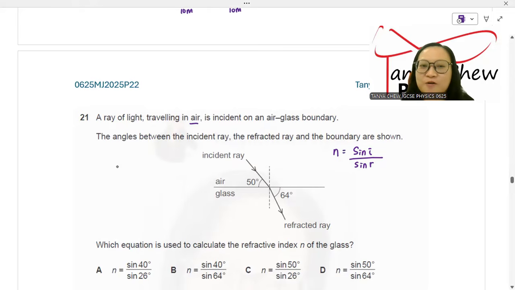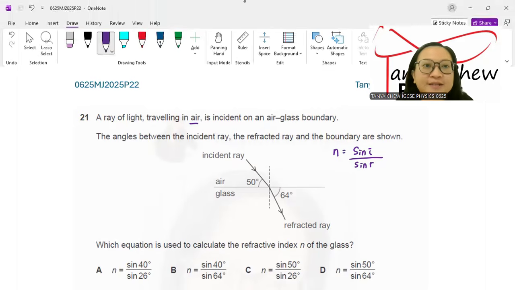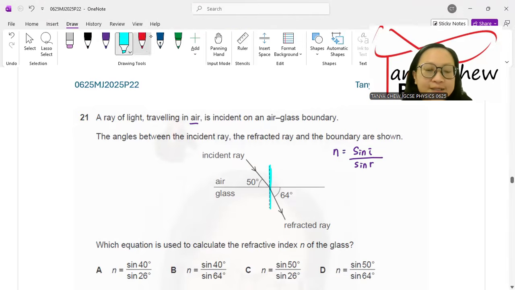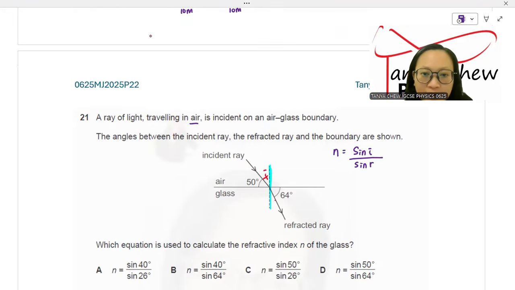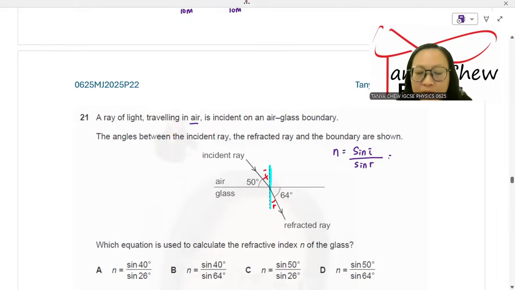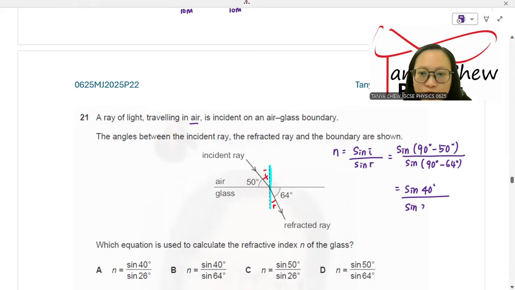Incident angle is the angle between the incident ray and normal. So this is called incident angle and this is a refracted angle. How do we get incident angle? Incident angle is your 90 degrees minus 50 degrees. And refracted angle is 90 degrees minus 64 degrees. So that is why it is sin 40 divided by sin 26 degrees. The answer is A.